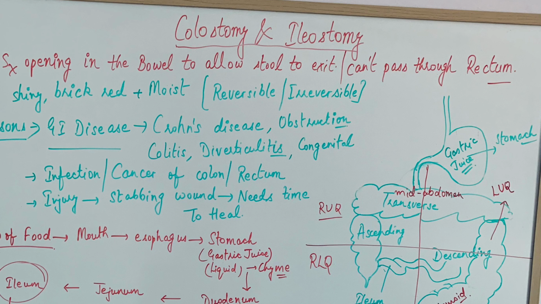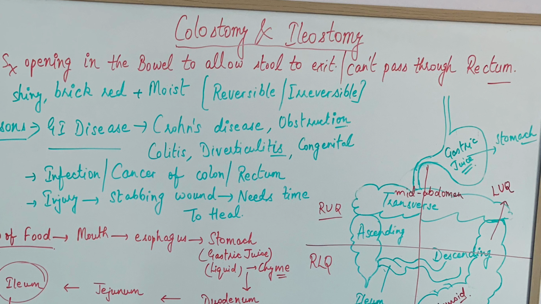The nurses who have worked in the GI ward must have seen ostomies. From external physical appearance, both colostomy and ileostomy are shiny in color, brick red and moist. These three things should be there in the ostomy.